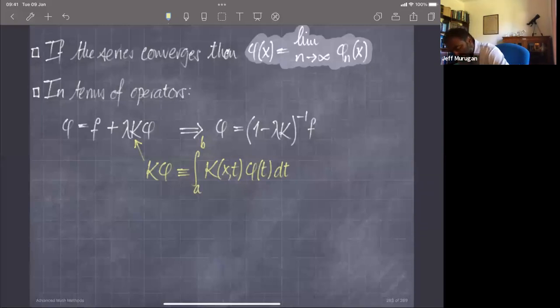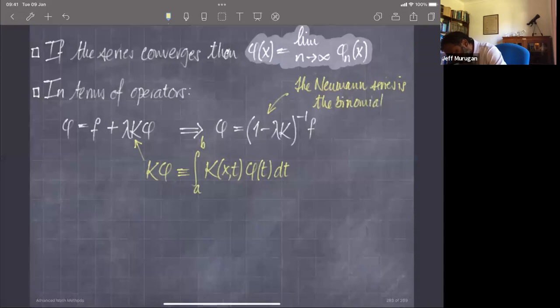Okay, so the Neumann series is a binomial expansion for this operator.